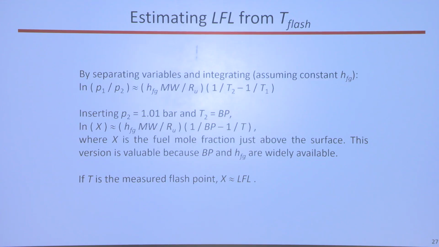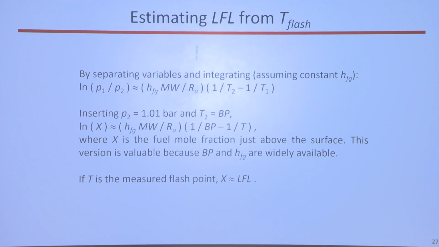We're going to take Clausius-Clapeyron, separate variables, and take the HFG out of the integral. It's not that precise because the enthalpy of vaporization decreases as temperature goes up. But then we find that the ratio of partial pressures on the left-hand side, in logarithm, is about equal to the enthalpy of vaporization times the difference of the inverse temperatures.